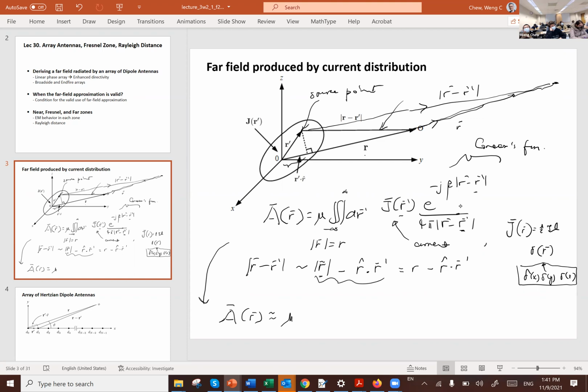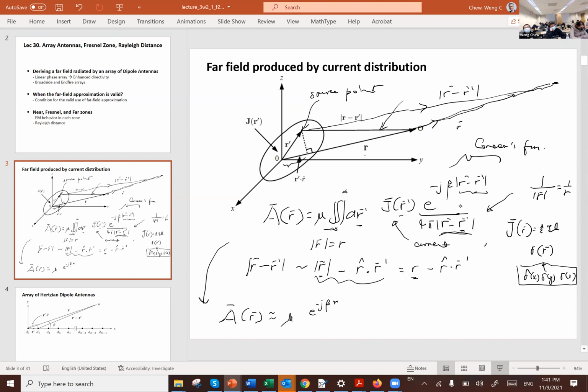And then if I make that approximation here, I can take the term that is independent of r prime. r prime is the integral variable. I can take it outside. So I can take one of the two terms in the exponent outside. Moreover, for the denominator, I'm going to make a good approximation and say that this is just equal to that, and it's going to be just further approximated as 1 over r.